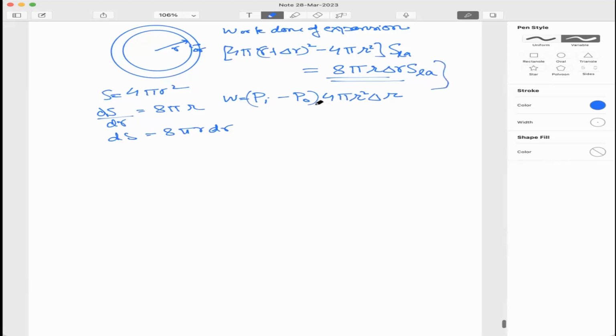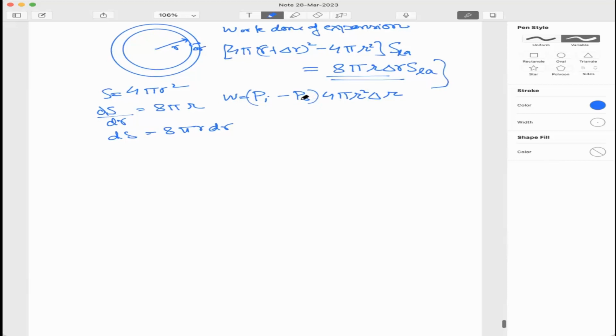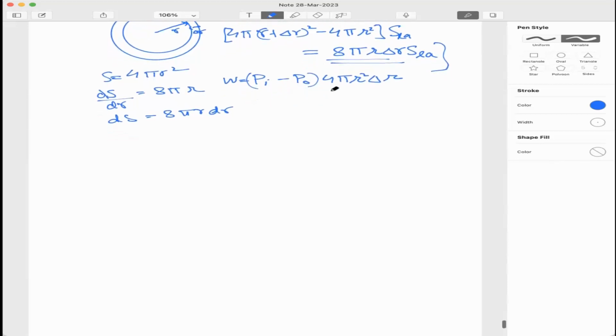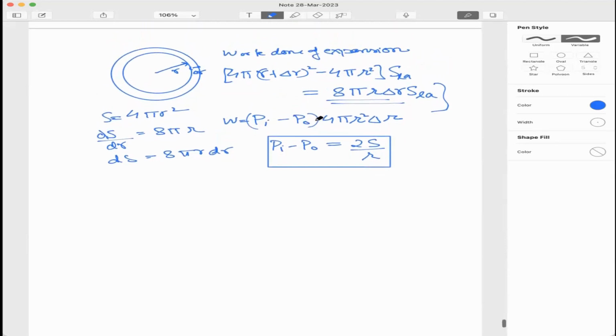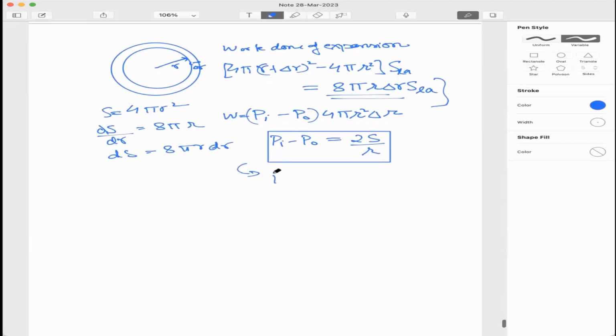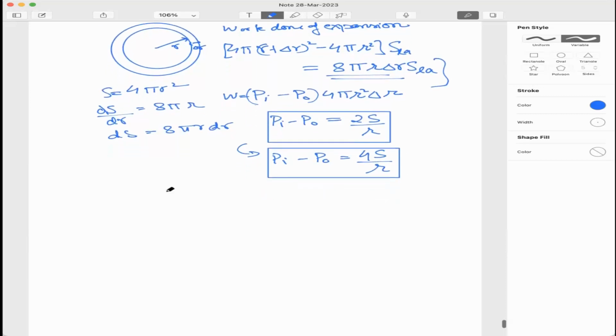So using these two equations and balancing them, putting in delta r, what we get is Pi minus P naught comes out to be 2S by r. And similarly for the case of a bubble, Pi minus P naught is equal to 4S by r.